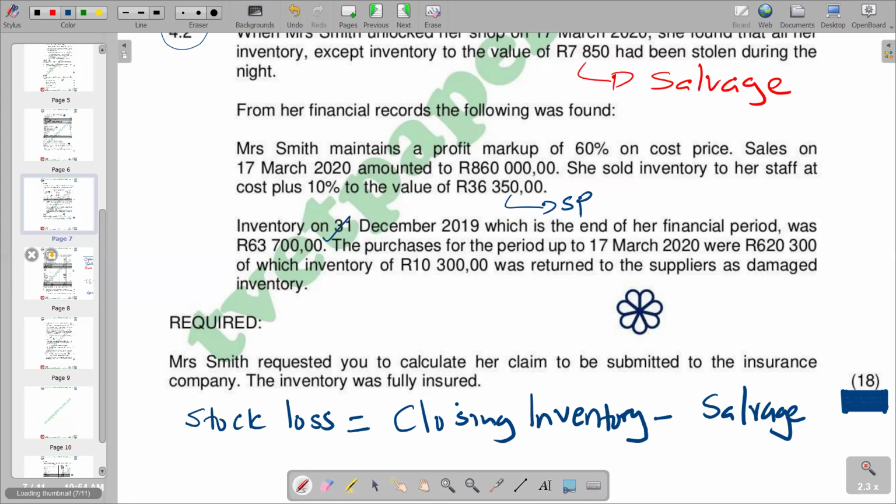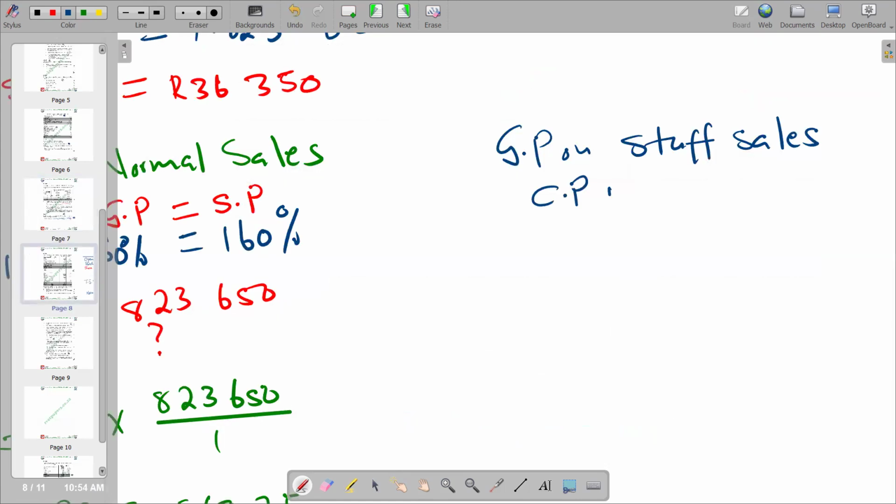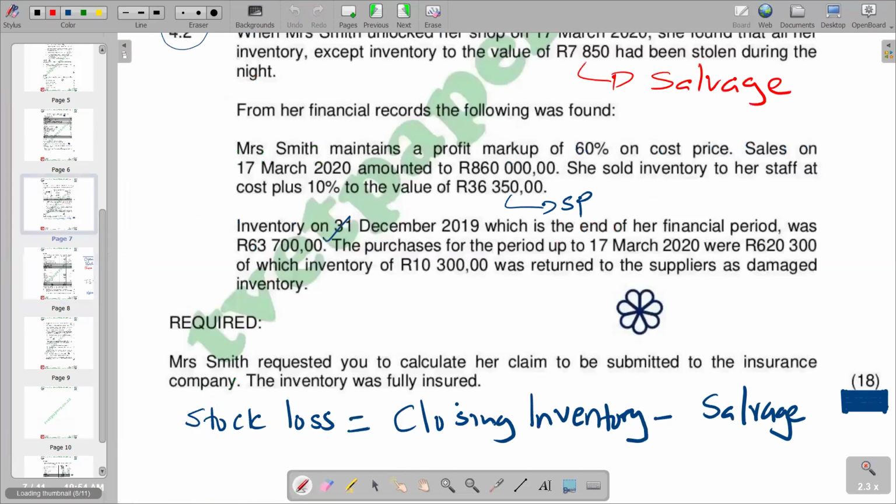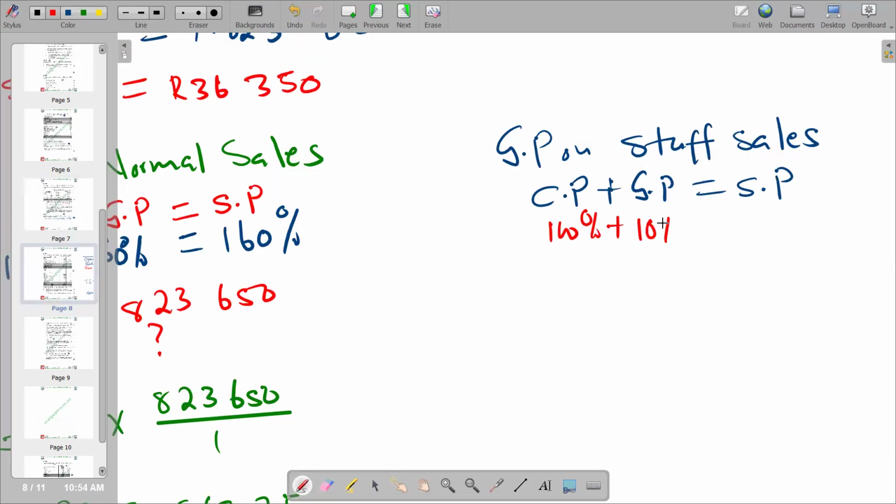So we refer to our formula again, which says cost price plus gross profit is equal to selling price. So from that now we can say 100% and our markup on gross profit we're given here is 10% for staff sales. So basically this is the representation that we have in terms of gross profit on staff sales.